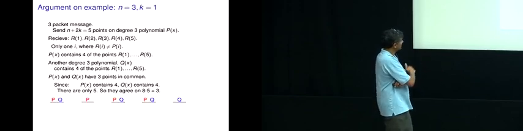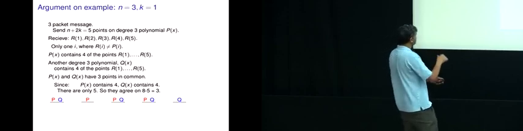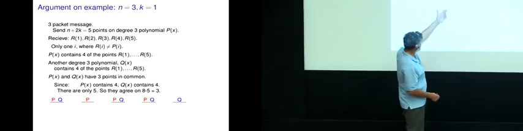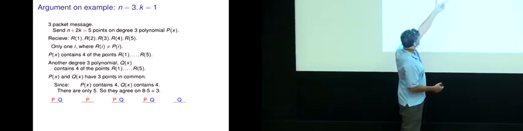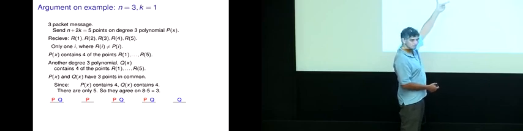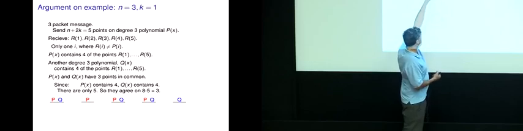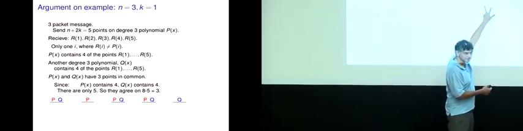Or pictorially, this is what has to happen. Each of these is a hole, or point. Q of x is correct on this point, R1, and P of x is correct on this point, so they're both in the same hole. Here, only P of x is correct.